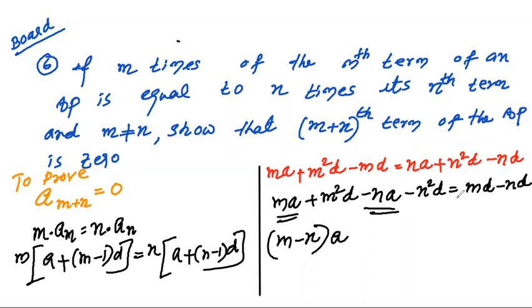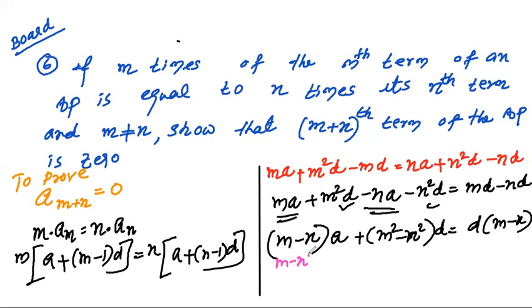Similarly, m square d minus n square d; take d as common, so m square minus n square into d, equal to d into m minus n. Splitting m square minus n square, that is m plus n into m minus n into d, equal to d into m minus n.